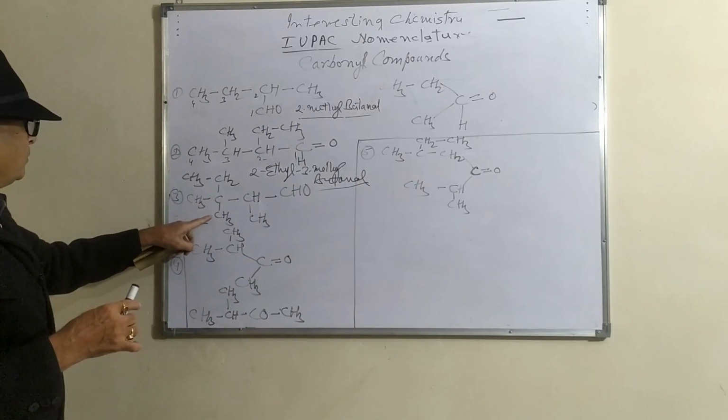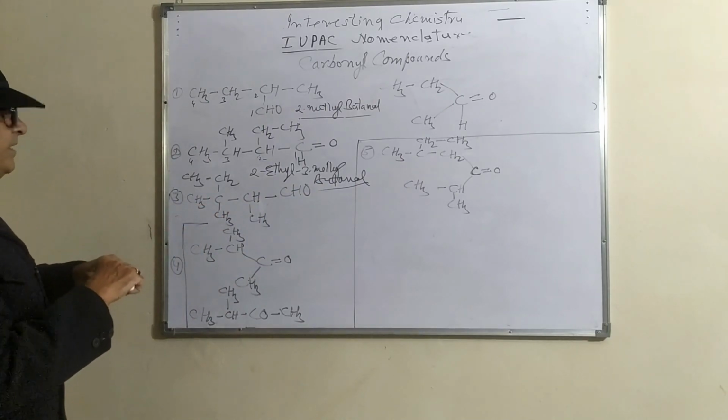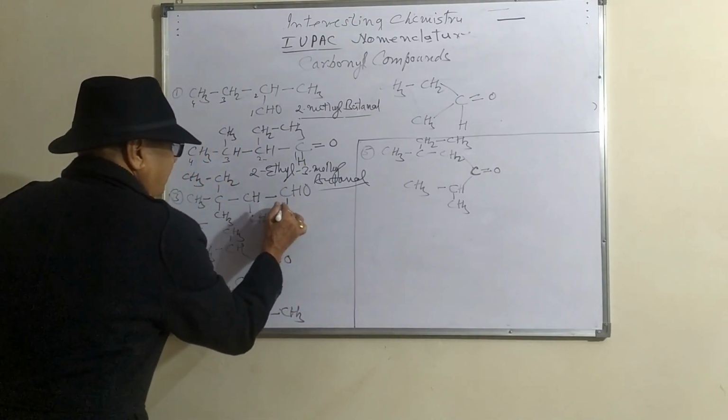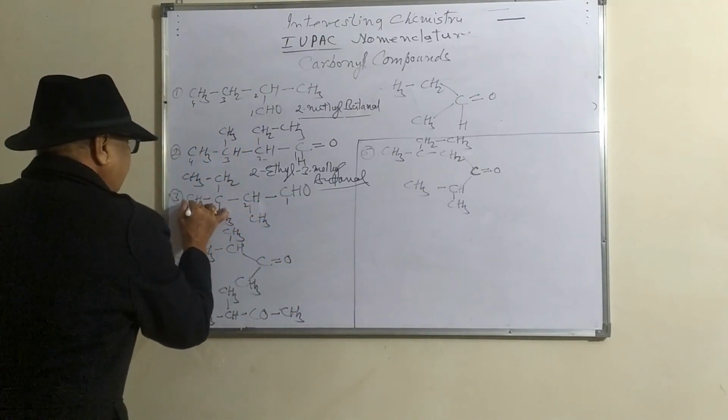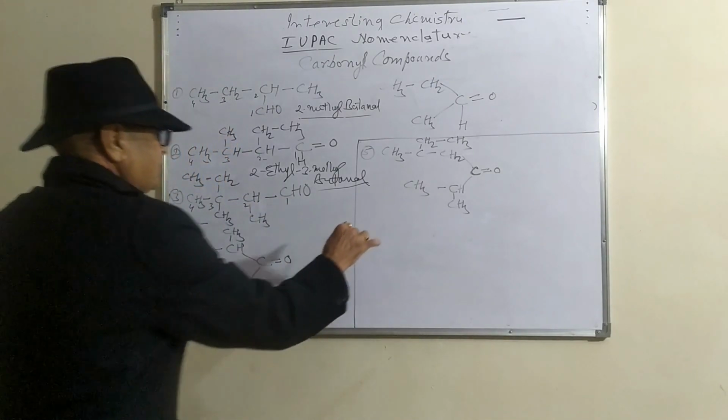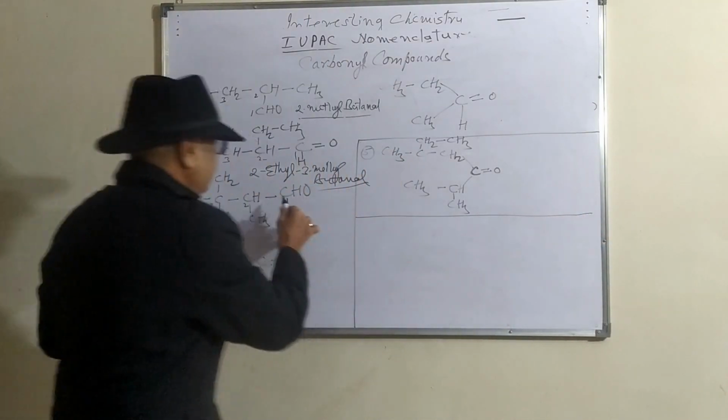Now come to the third example here. CH3, CH2, CH3, CH2. So again, select the longest chain. Here you have selected 1, 2, 3 and 4. The name of this compound I will tell here to make you understand.